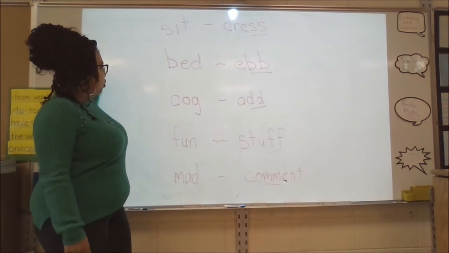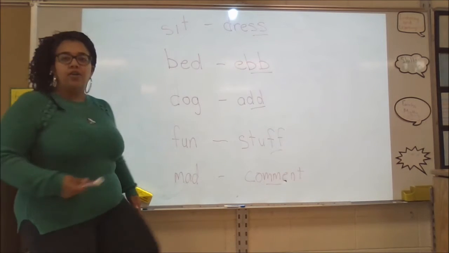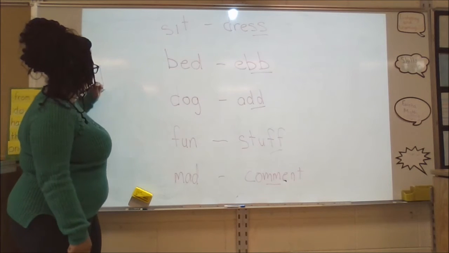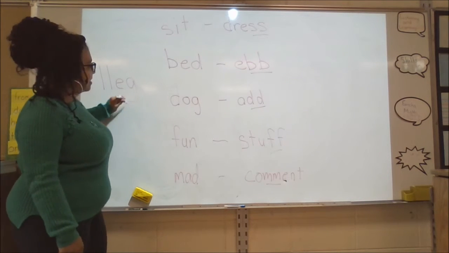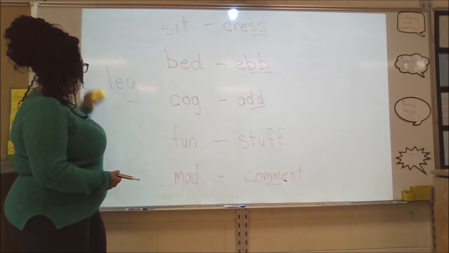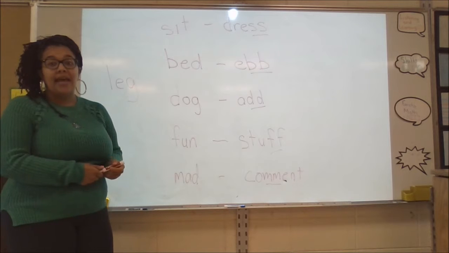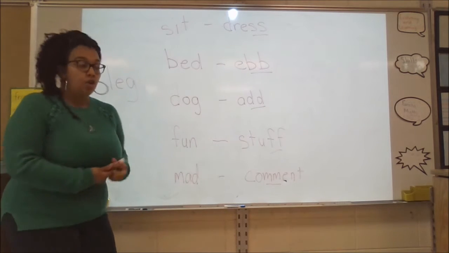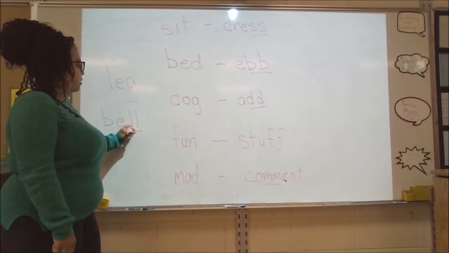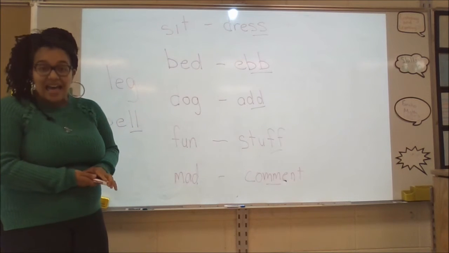Let me show you one more example. So how about your leg? Let's write it with a double letter spelling. L-L-E-G. Is that how we spell leg? No. We use one L. But if we want to talk about a bell, we would have two L's, bell.